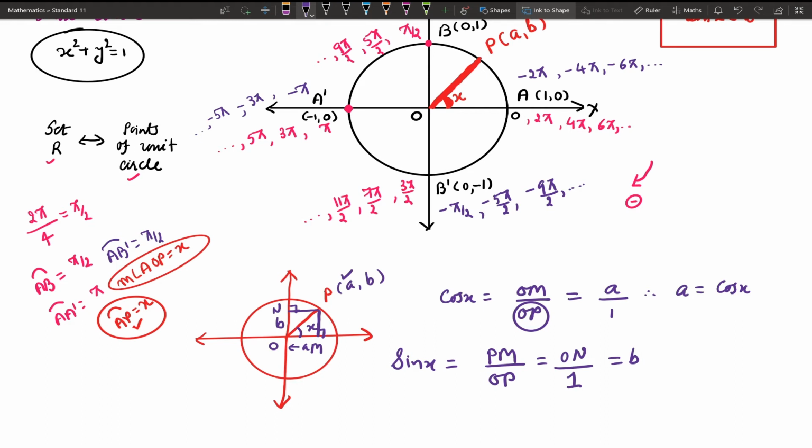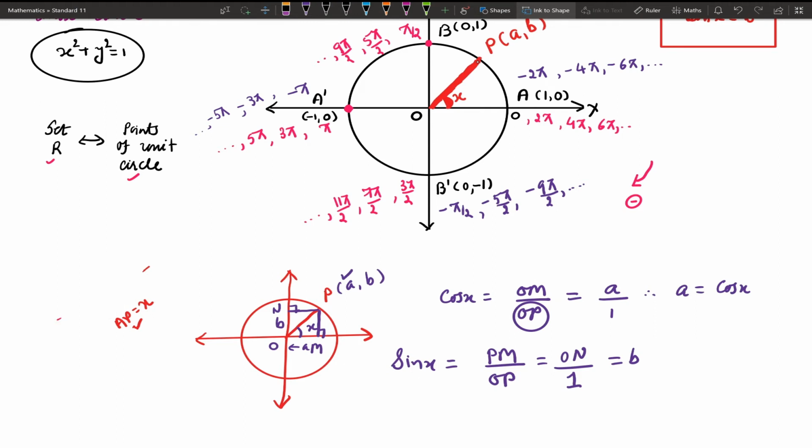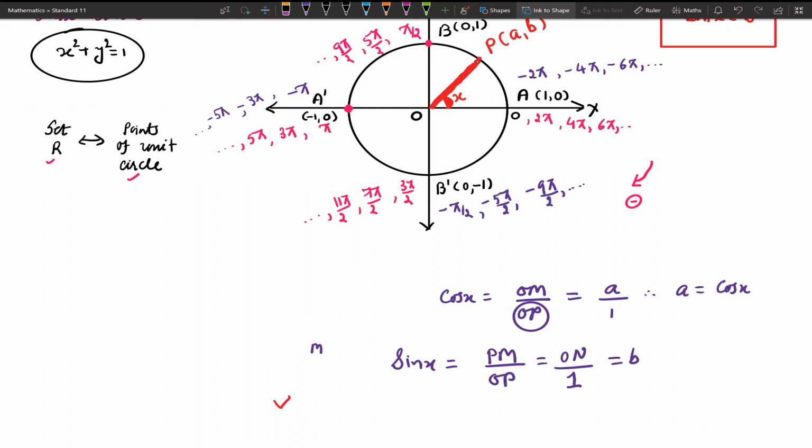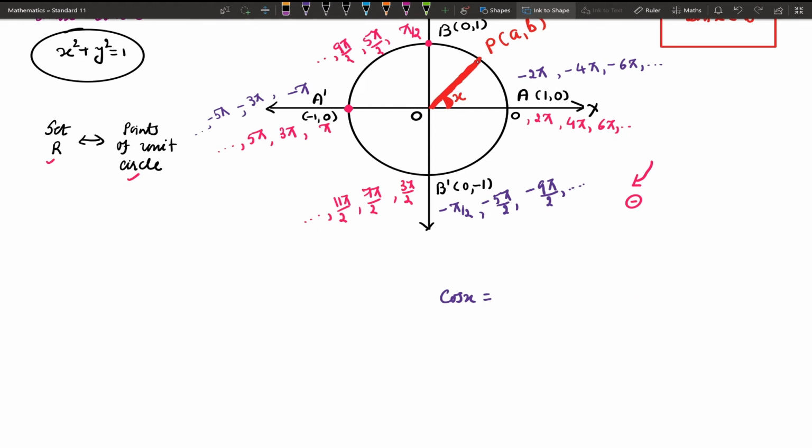From this figure we will write 10 values, so you will get the basic concept of the trigonometric functions. Actually it is the same definition which you have studied, cos adjacent upon hypotenuse, sin opposite upon hypotenuse, but here we are using the concept of the unit circle and we have defined the cos function and sin function.